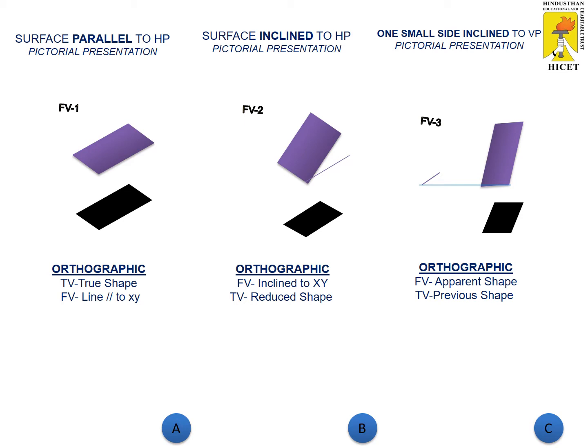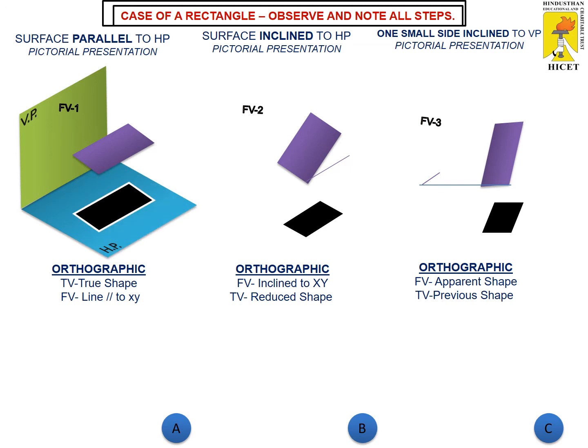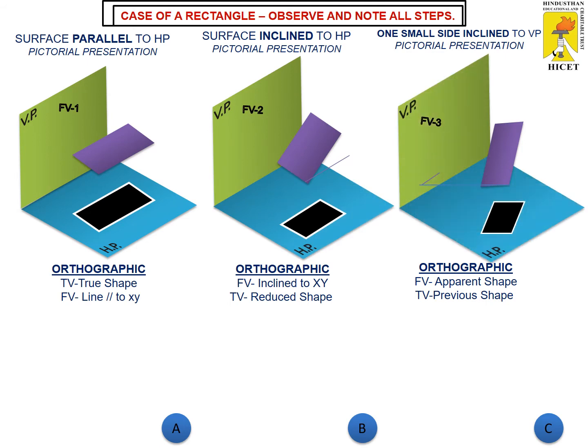Since we are going to see a problem on projection of planes, we are going to see a rectangular plate problem. So I am going to give a small explanation about the projection of planes using a rectangular plate. In the first case, in this diagram, they give a vertical and horizontal plane and the position of the plate, a rectangular plate.